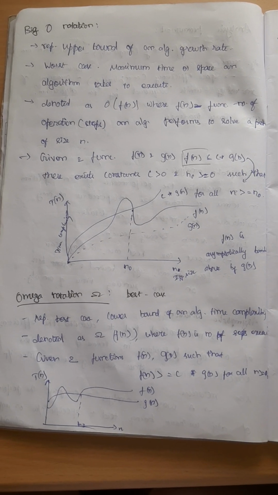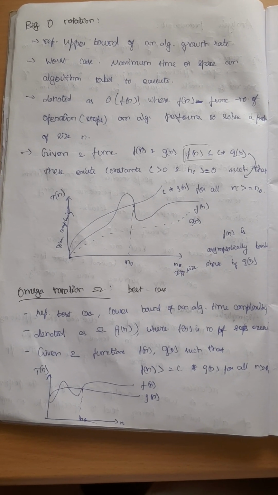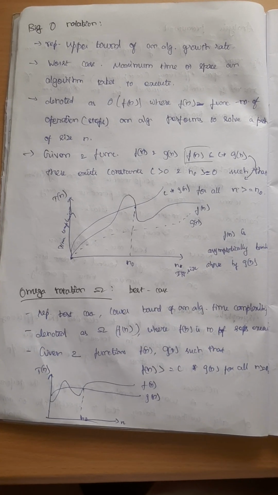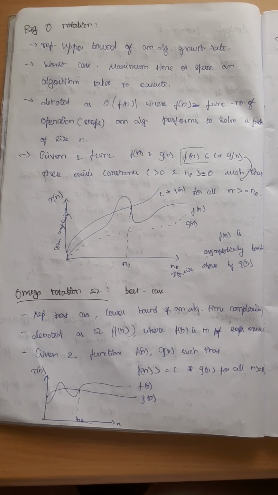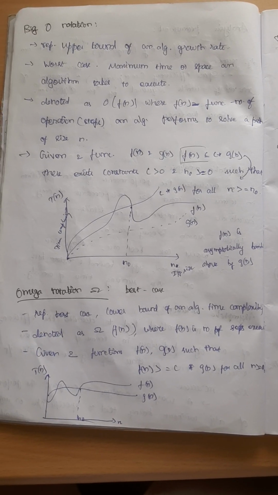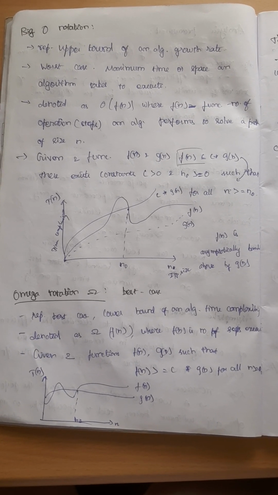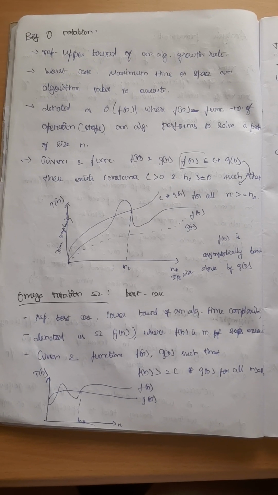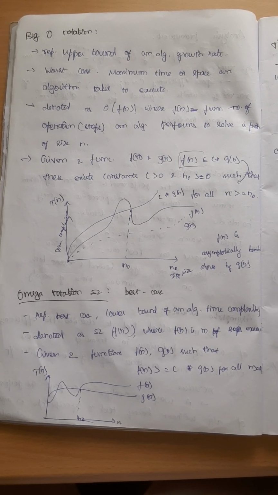Next one is omega notation. This omega notation represents the lower bound of an algorithm's time complexity, which is the best case, and it is denoted as omega of f of n, where f of n is the number of steps executed to solve a particular problem.